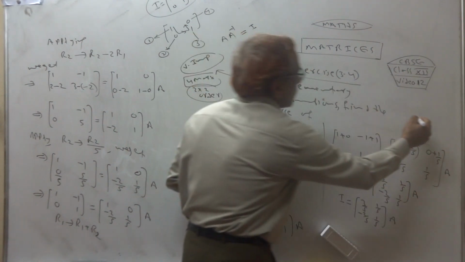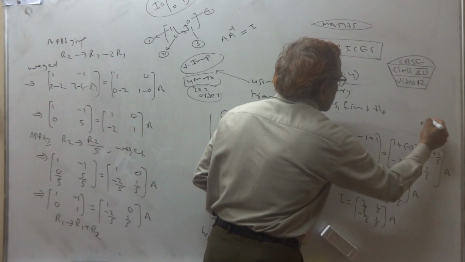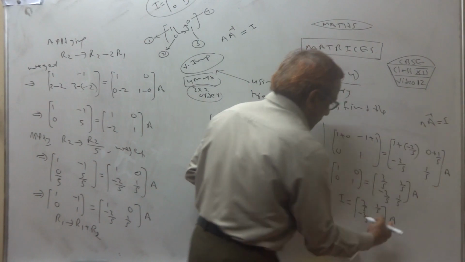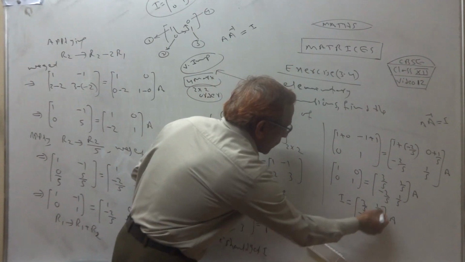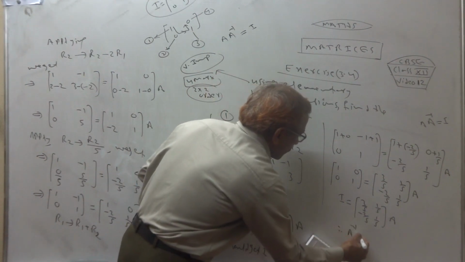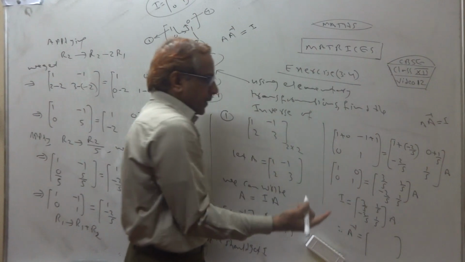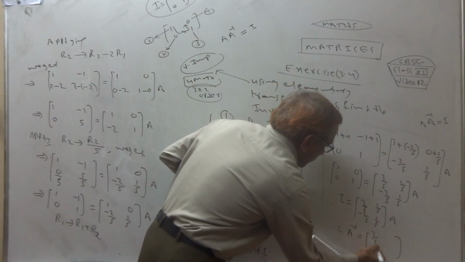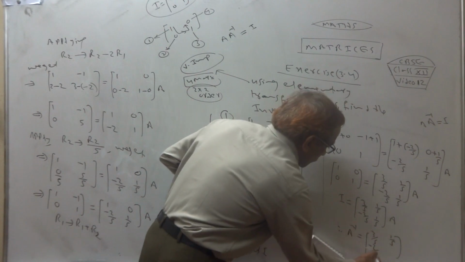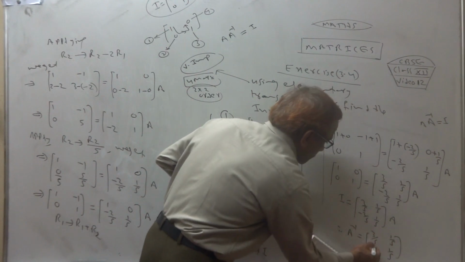We know that A into A inverse is I. See, A into A inverse is I. That's why this is called the inverse of A. So what is the answer? What is the inverse of A? This: 3 by 5, 1 by 5, minus 2 by 5, 1 by 5. Finished.